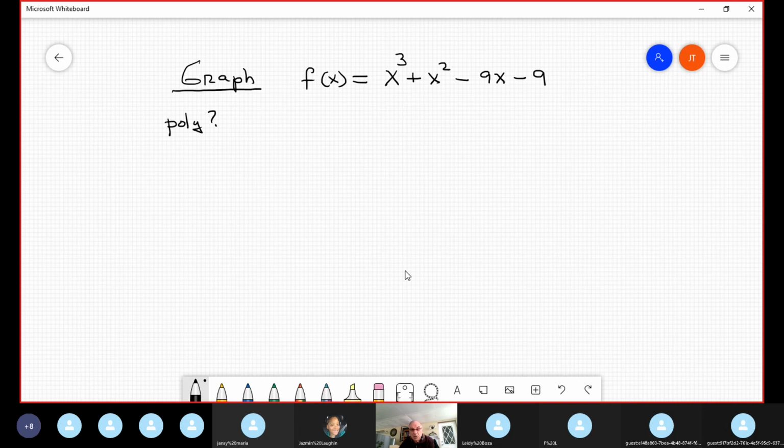And the exponent is 3, 2, 1, and 0. The exponent here is 3, 2, 1, which is invisible, and 0, which is also invisible, no? Okay, it's a linear combination of the several monomials. And the answer is yes, it's a polynomial.